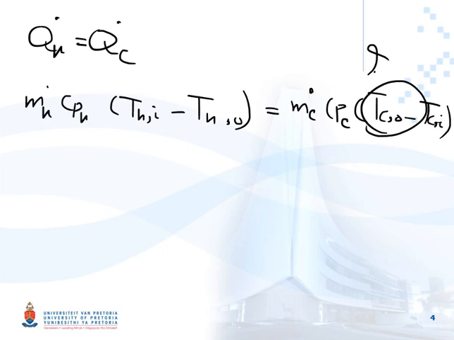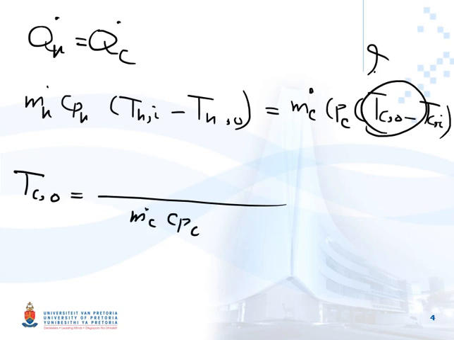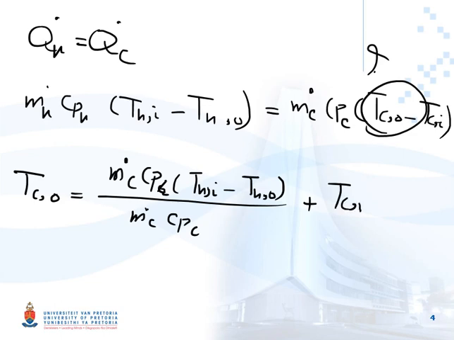So basically Tc out is m dot h Cp h (Th in minus Th out) divided by m dot c Cp c, plus Tc in.